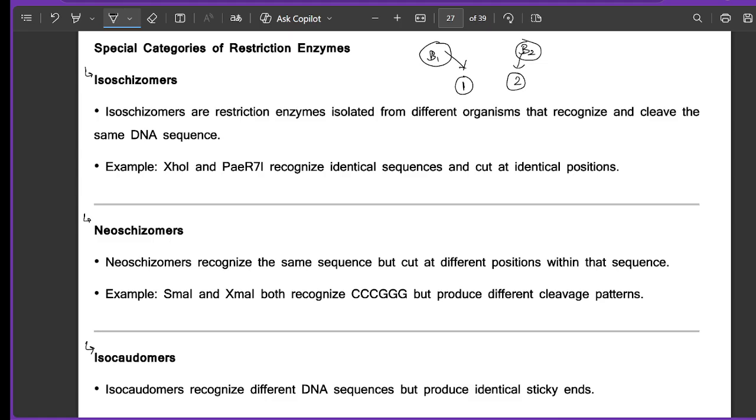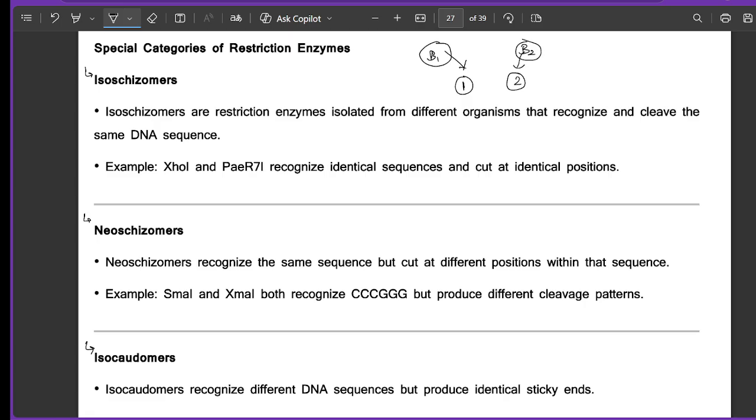If both of them, when acting upon a particular DNA strand, recognize the exact same sequence and cut at the very same position, then the two restriction enzymes are isoschizomers of each other.